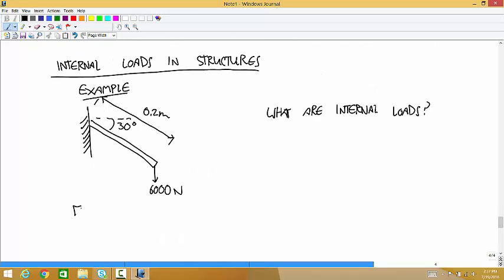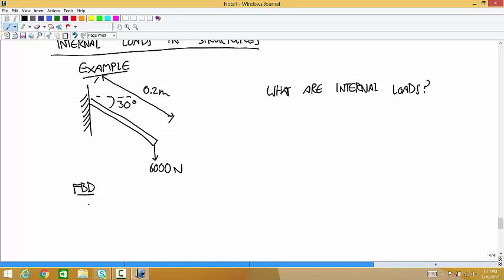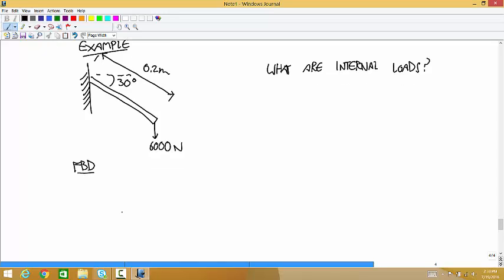Okay, well, free body diagram. We have the downward force of 6,000. We're neglecting the weight of the beam. It's negligible compared to all these other forces. And then the fixed joint at the left is a full force vector. I'll call that RA.